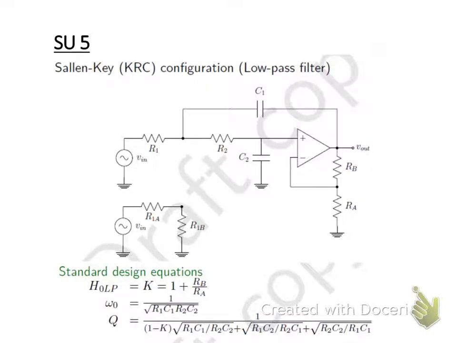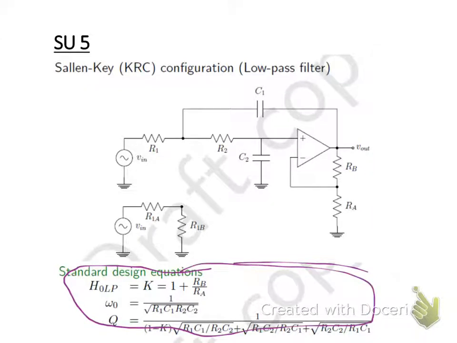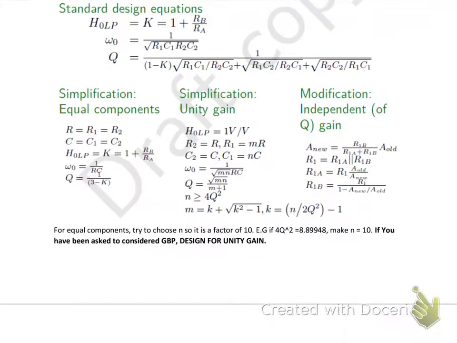So we are going to first of all start with our Sallen-Key, right? So this is your Sallen-Key low pass filter here, and these are your standard equations. When you're using your Sallen-Key, you rarely use your standard equations. So for your Sallen-Key low pass amplifier, you can design for it in 3 ways.